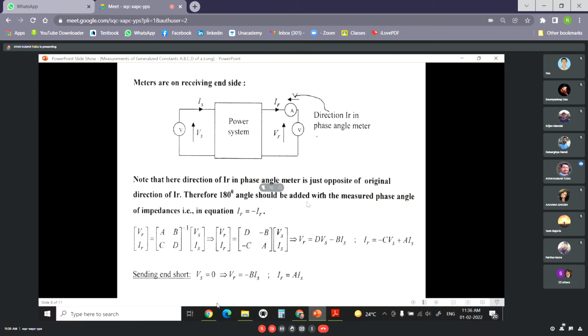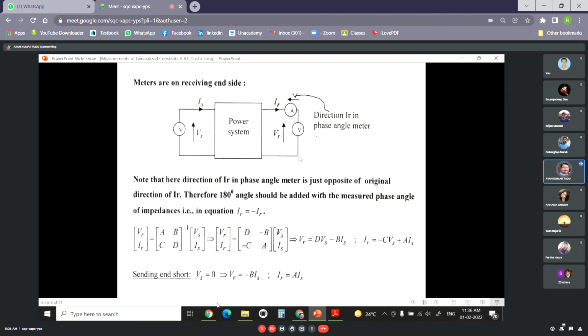Okay, I'm again saying that when the meters are on the receiving end side, the phase angle meter is not changing. The connections of the phase angle meter are as they are.